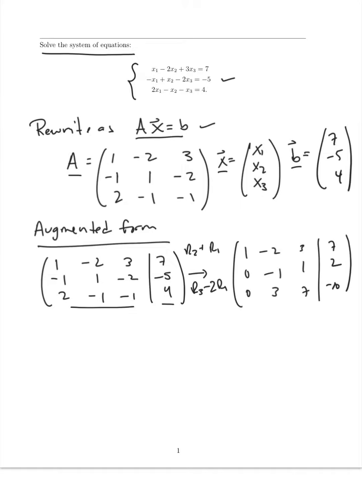So my goal is first to focus on this first column. I want to make these two guys 0. And so what I can do is first do row 2 plus row 1. If we add them, I get 0, I get -1, I get 1, and I get 2 here. At the same time, I want to make this a 0, and so I can do row 3 minus 2 row 1, giving me a 0 here.